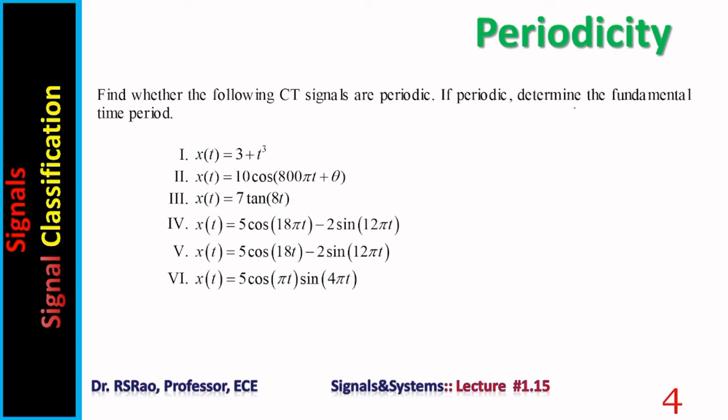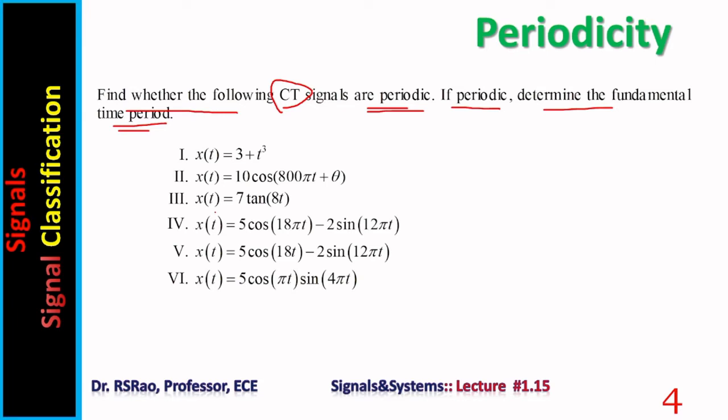This problem consists of several parts, six parts. In all these parts, we are required to find whether the signal is periodic or not. If periodic, we have to determine the fundamental time period. These are all CT signals. First one: x of t is equal to 3 plus t cube. Second: x of t is equal to 10 cos(800 pi t plus theta).